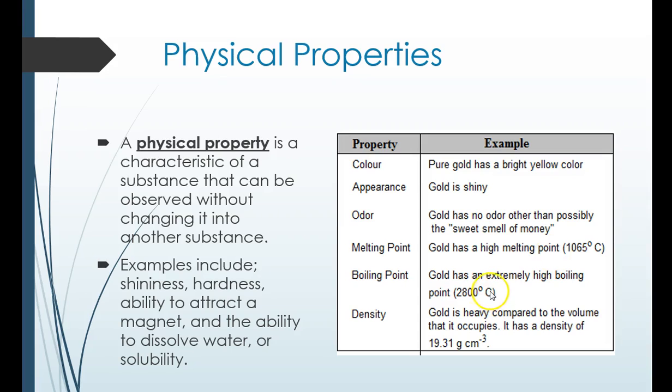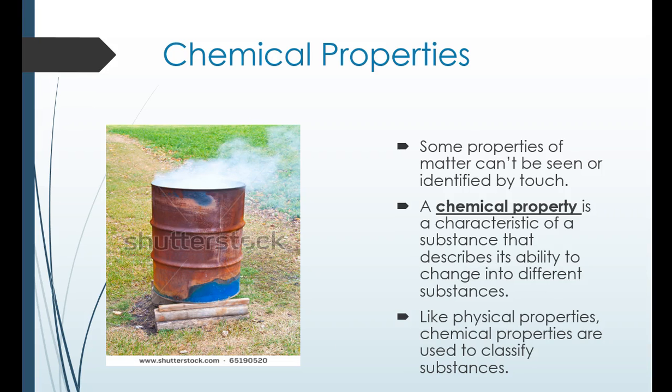Its boiling point is even higher, 2,800 degrees Celsius. Since gold's mass is large, its density is large too. The density of gold is always 19.31 grams per cubic centimeter.